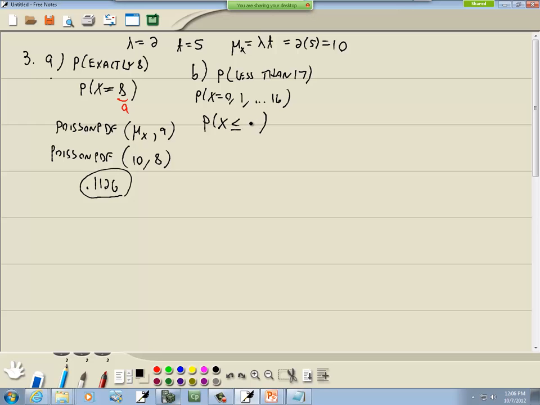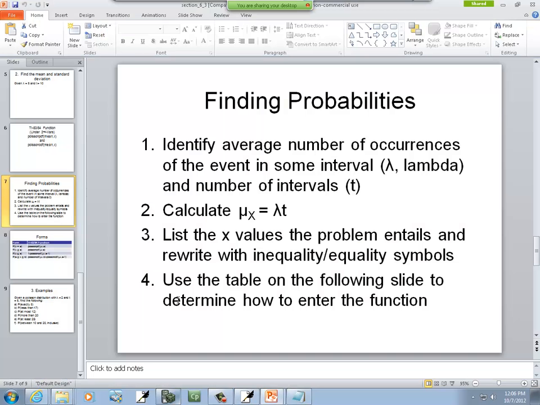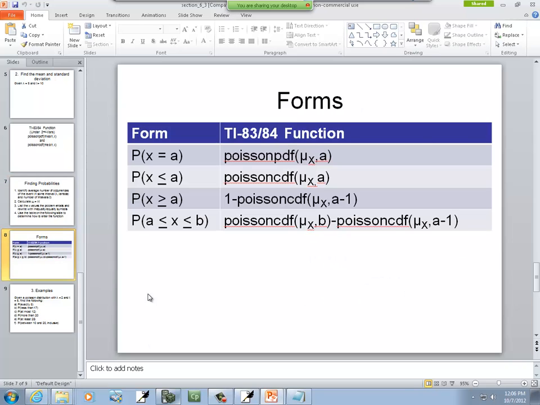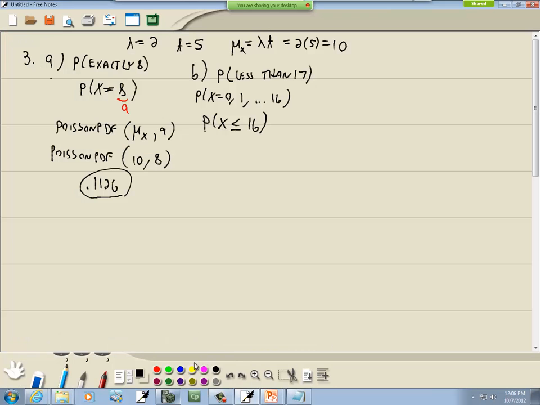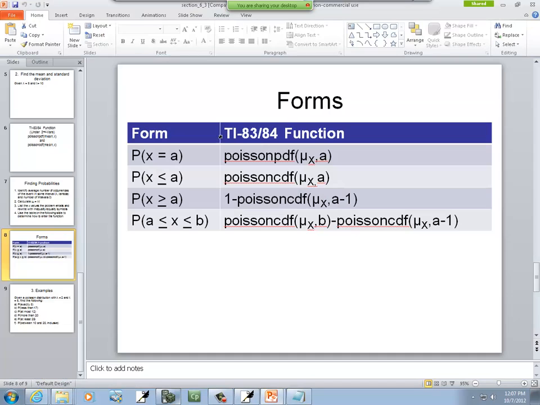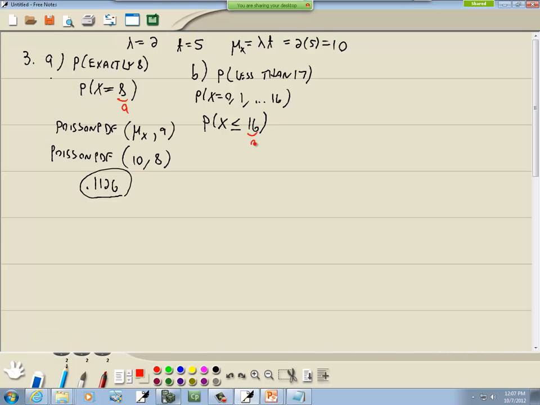So this is x is less than or equal to 16. X is less than or equal to a number. That's form 2. So this is going to be a.